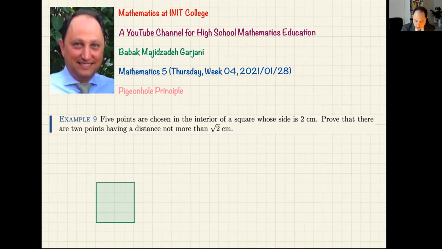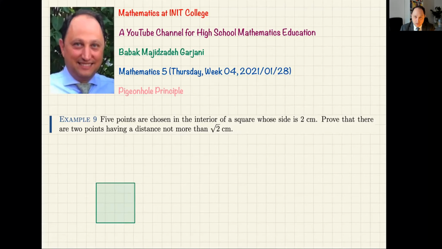I am assuming that the side is 2 centimeters. Then I choose 5 points here. This tells you that it doesn't matter how you choose these 5 points.